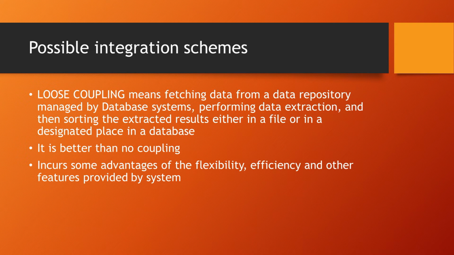So this is in relation to our database management system, where we process the query, indexes, and other system facilities. It also incurs some advantages of flexibility, efficiency, and other features provided by such a system.